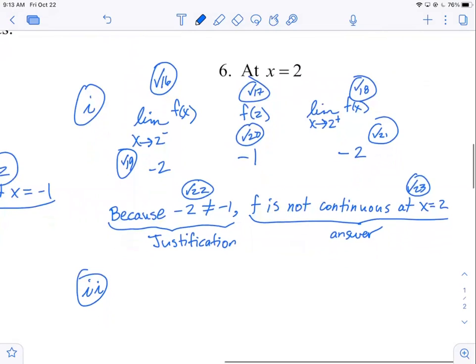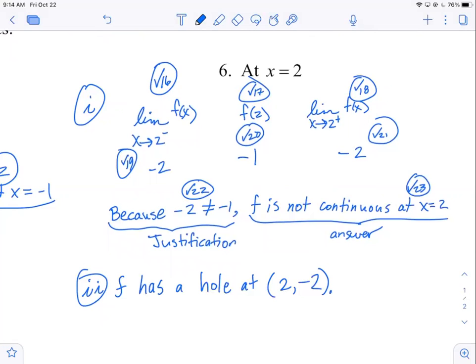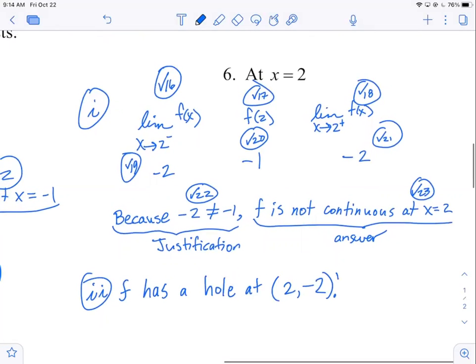Good. So we'll say then that F has a hole, and that's a removable point discontinuity. So the ordered pair is 2 comma what? Negative 2 or negative 1? Negative 2. Good. It's the y value of the limit. So this is your 24th check.